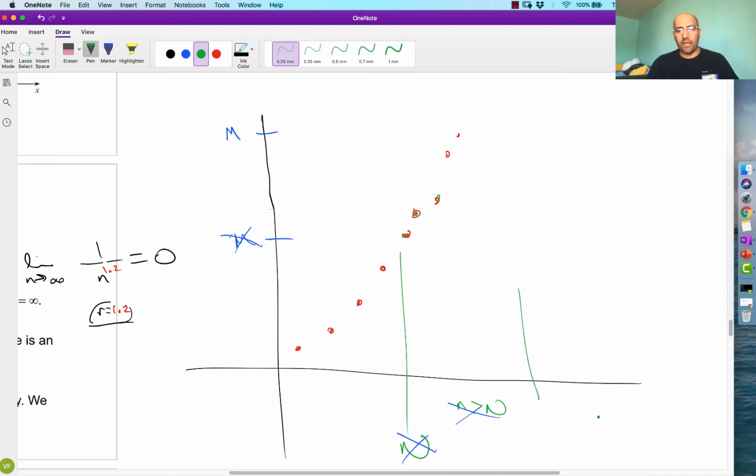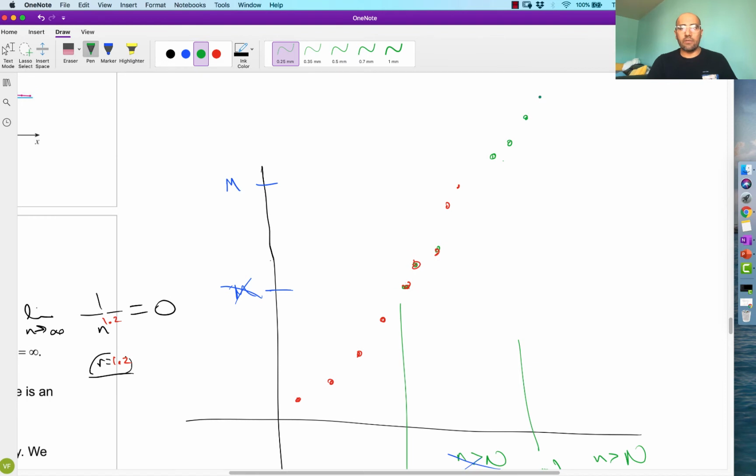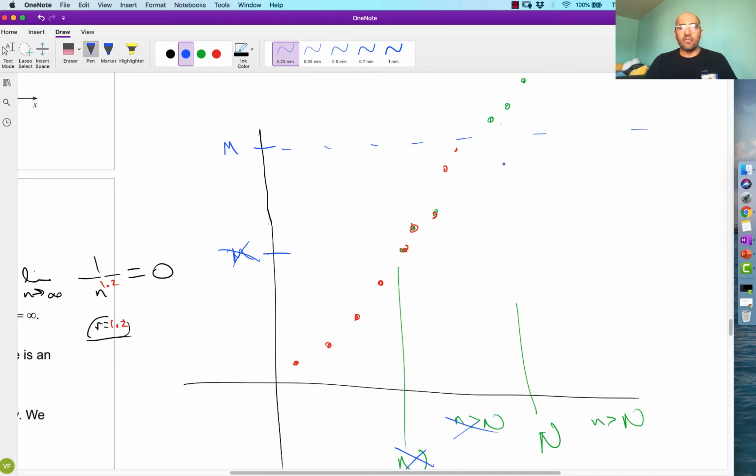Here's my new capital N. And this capital N exists such that for every lowercase n that's greater than that value, all the resulting values of our sequence are going to be greater than that M. So no matter how big that capital M is, we can always find a capital N such that all the values of my sequence are bigger than that. If that's true, then we've shown that the limit of a sub n goes out to infinity.